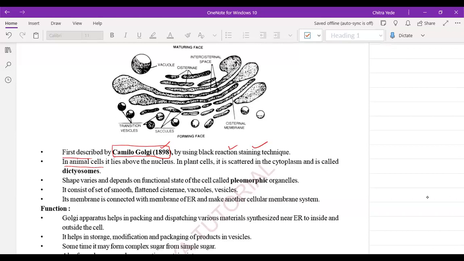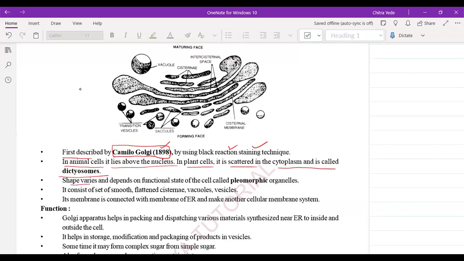In animal cells, it lies above the nucleus, and in plant cells, it is scattered in the cytoplasm and is called dictyosome. So it is scattered everywhere in plants, called dictyosome, but in animal cells it is called Golgi and is just present above the nucleus.